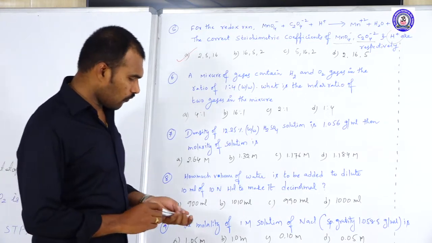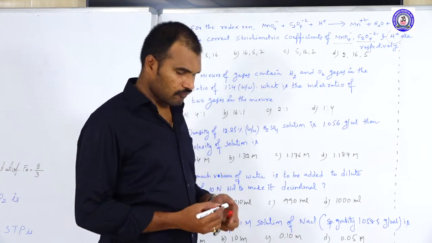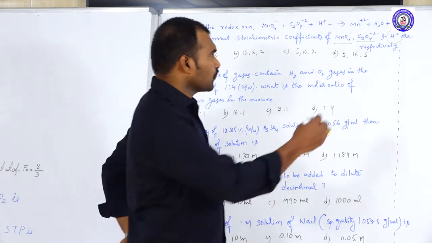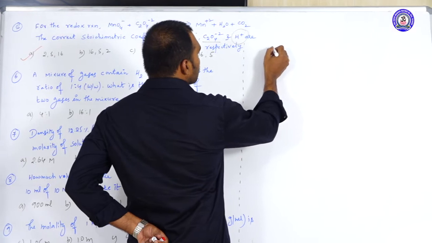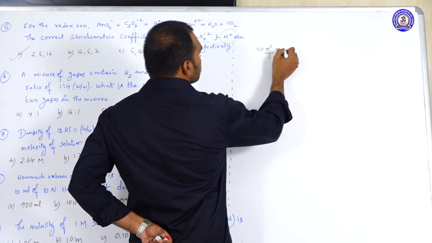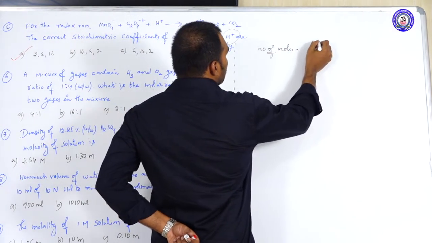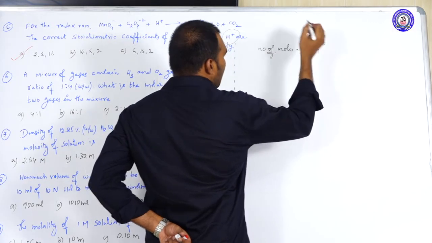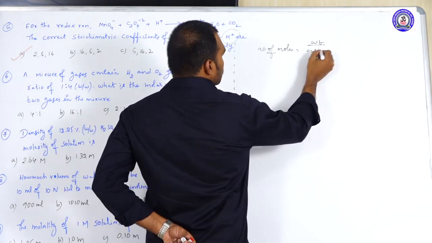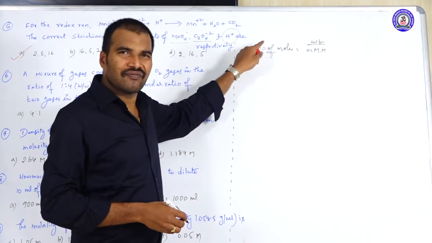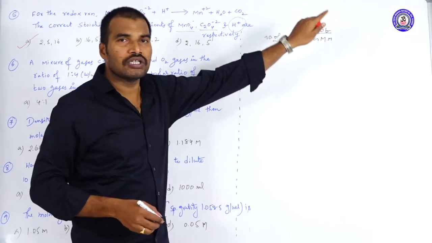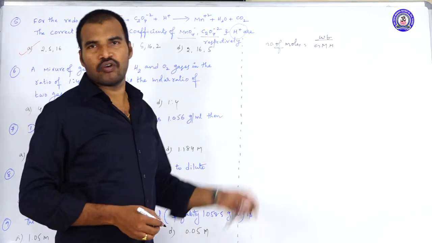As we know, the formula for the moles, suppose if they given you the weights, what is the formula for the number of moles? Number of moles is equal to given weight by its gram molar mass. So if you divide that weight ratio with their molecular masses, we get the molar ratio.